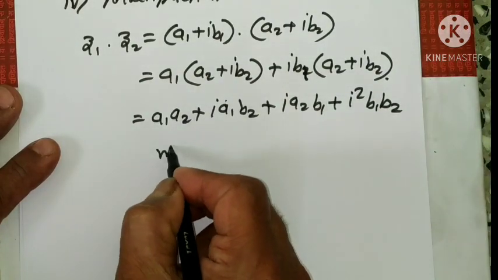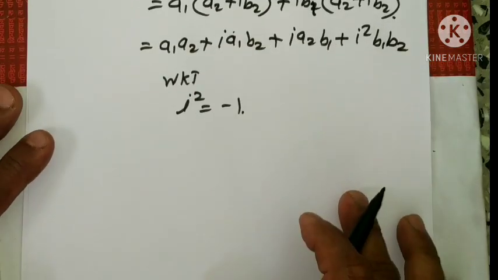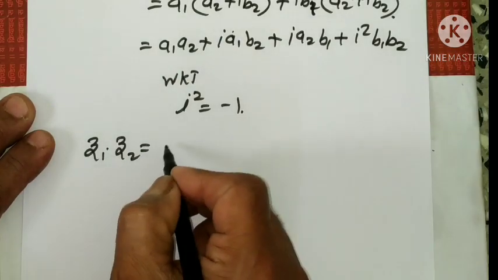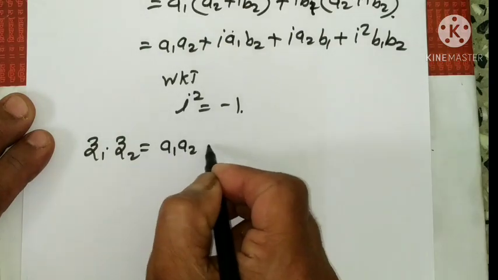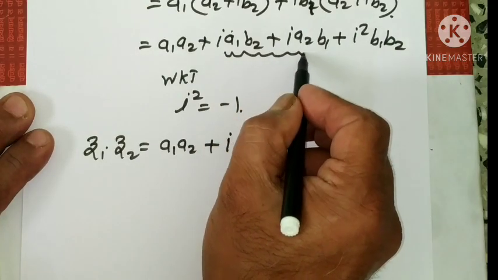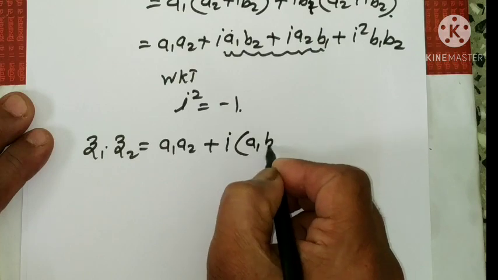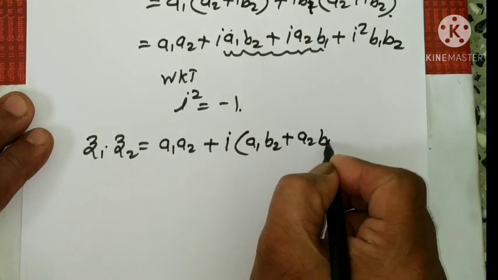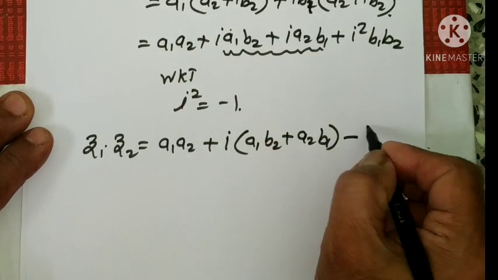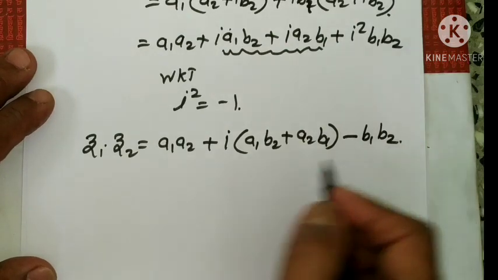We know that i square is equal to minus 1. Therefore, Z1 into Z2 is equal to a1 a2 plus i common outside from the second and third term, i into bracket a1 b2 plus a2 b1, minus, since i square represents minus 1, so minus b1 b2.